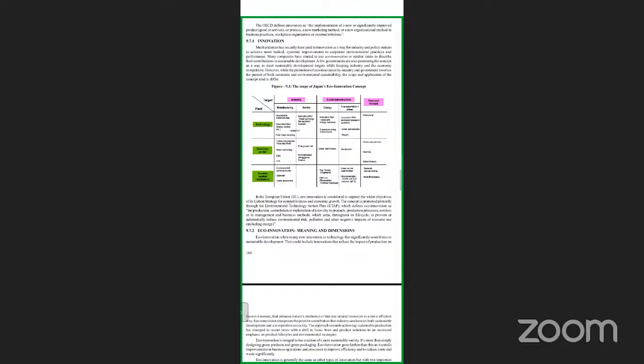Much attention has recently been paid to innovation as a way for industry and policymakers to achieve more radical, systematic improvements in corporate environmental practices and performance. We know that many companies have started to use eco-innovative or similar terms to describe their contribution to sustainable development.